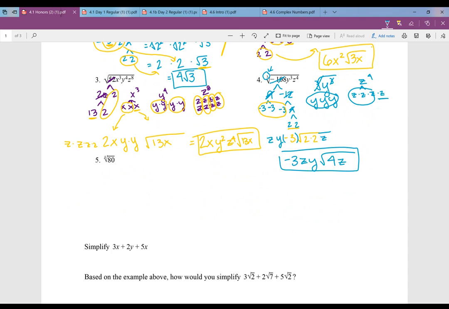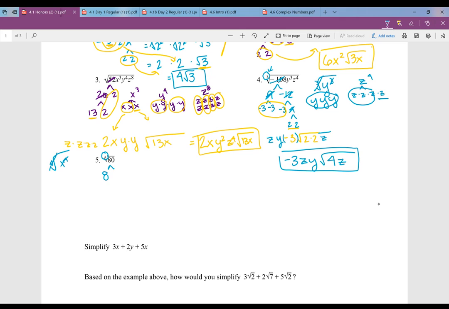So now let's look at number 5. We have the fourth root of 80. So it's the fourth root. So that means we're looking for groups of 4, right? If we have 4 of something, then our fourth root will cancel out and leave us with just that something. So how can we break down 80?